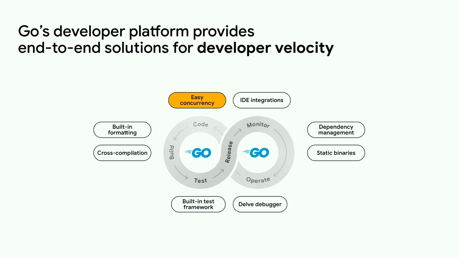We provide a powerful concurrency model through Go routines. We have built-in formatting, a built-in test framework, a built-in debugger. The Go compiler itself builds static, standalone binaries with no system-wide dependencies or a separate runtime, which makes deploying easier, safer, faster than in other languages. It's an end-to-end solution for gaining and maintaining developer velocity.